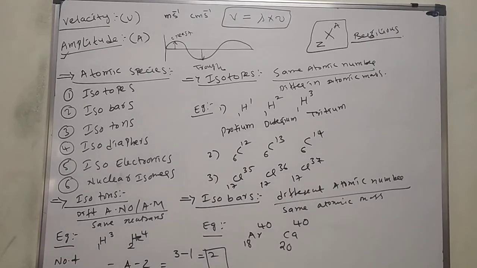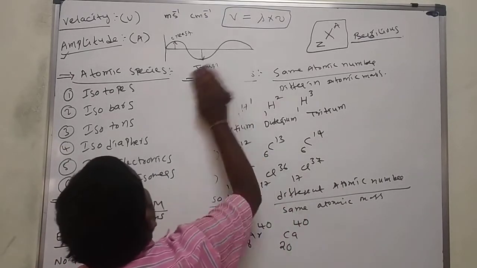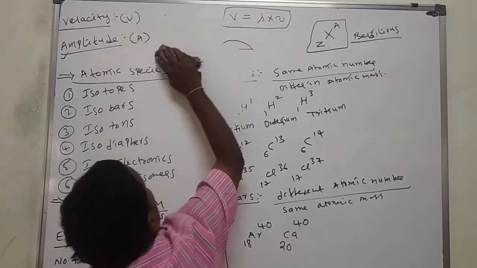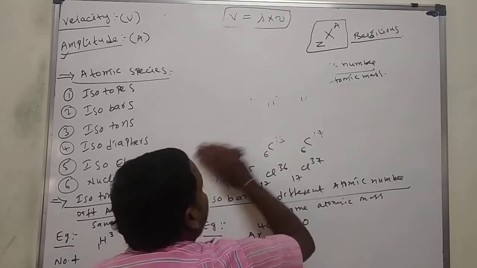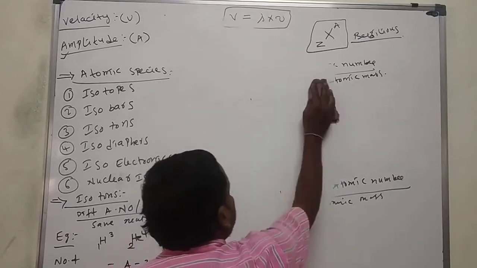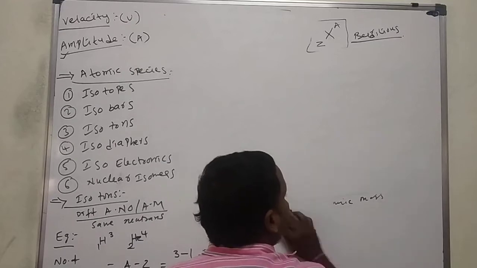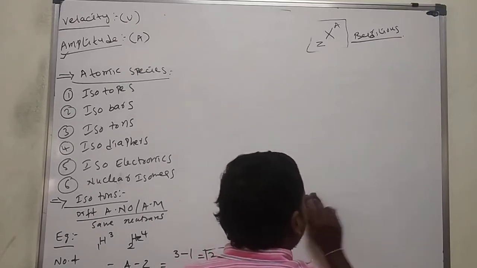In continuation, we'll see some more examples of isotones: sodium, magnesium and aluminium.